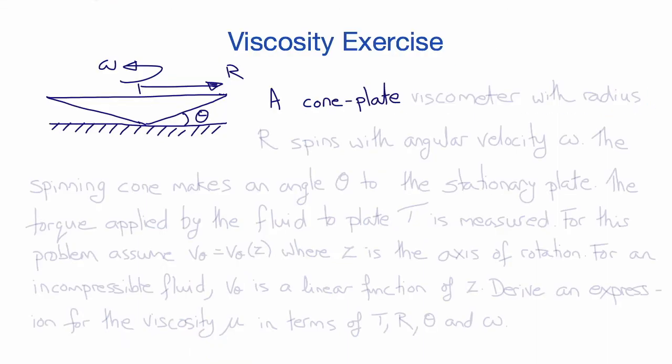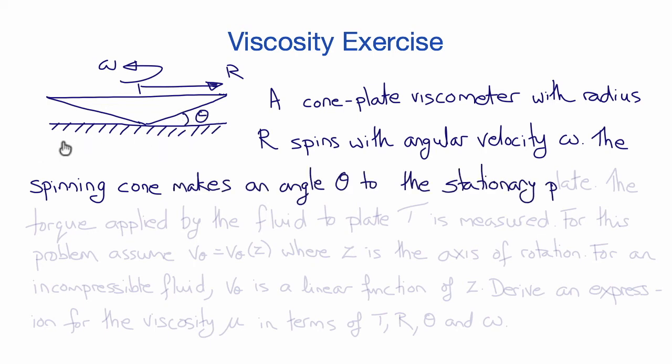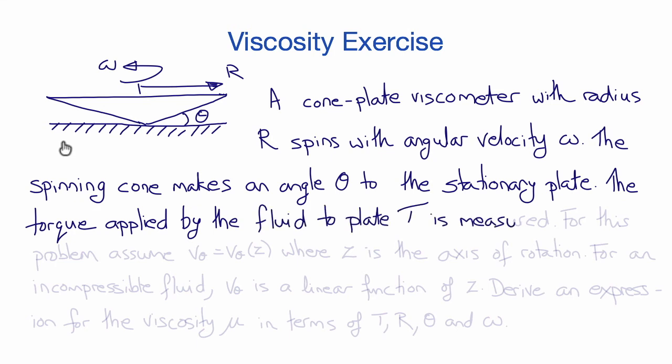In this exercise, consider a cone and plate viscometer with an outer radius r that is spinning with angular velocity omega. The spinning cone makes an angle theta to the stationary plate. The torque T applied to the plate by the fluid is measured by the device.